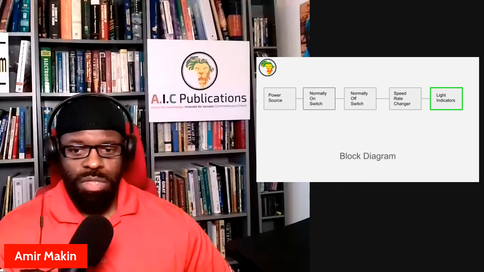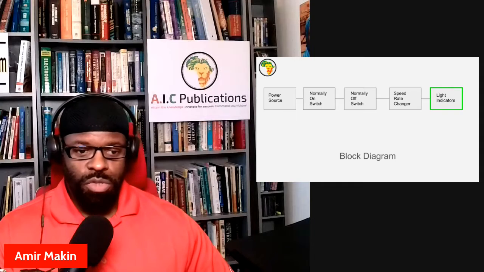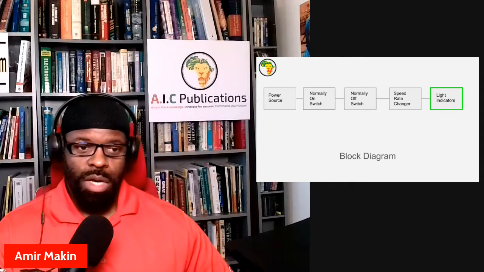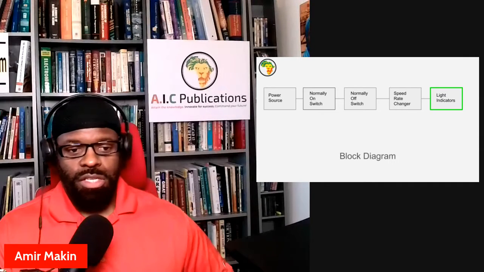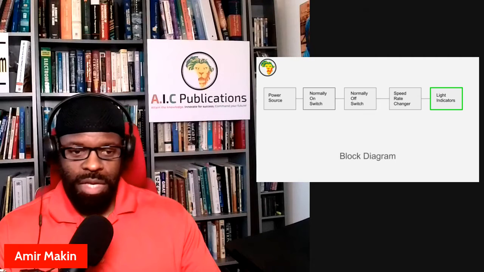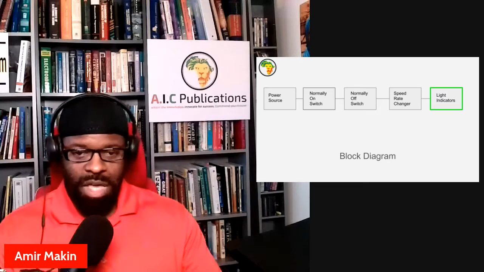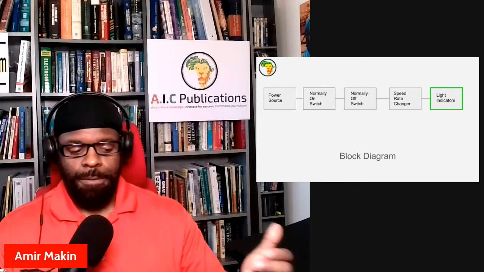What we want to do is have light indicators in this so that we can actually see when the transistors are turning on, when they're turning off, and then be able to understand what's making them turn on and off. We're going to have a speed rate changer that allows the lights to be able to change state. So there's going to have to be some kind of mechanism that we put into this circuit that's going to give us this functionality.